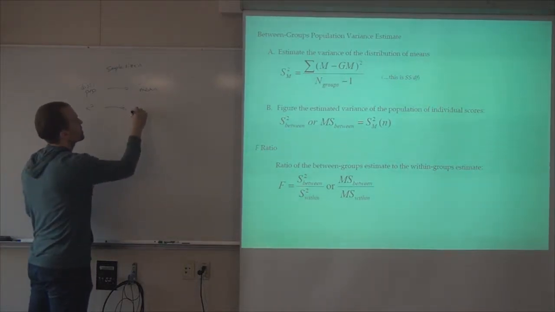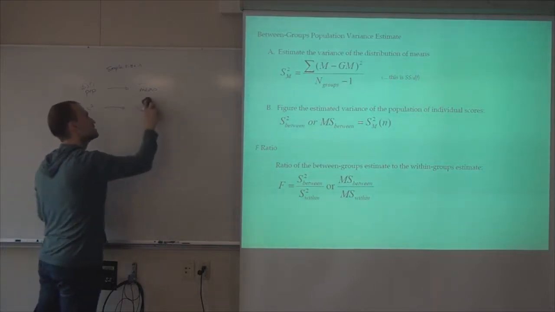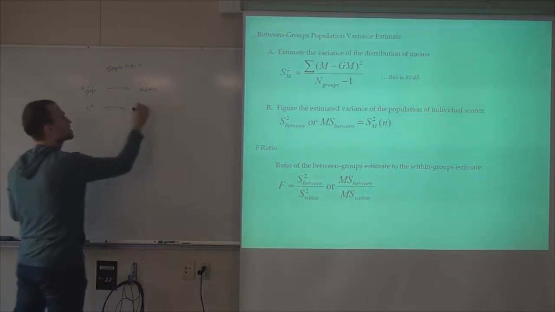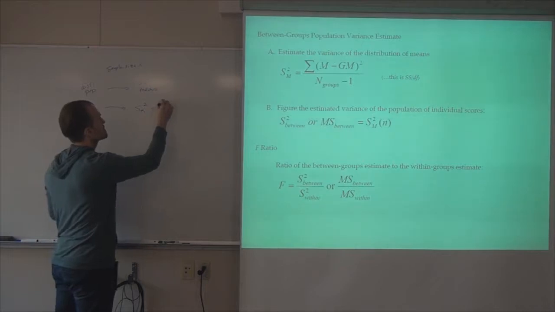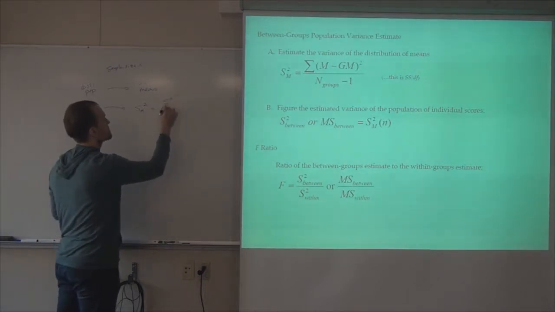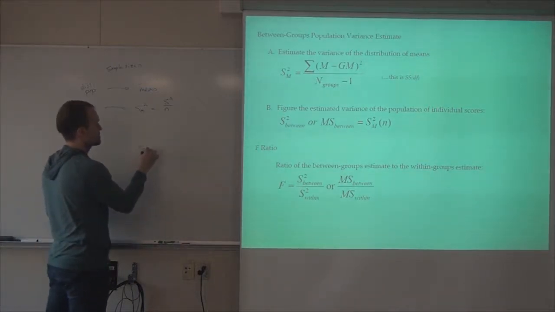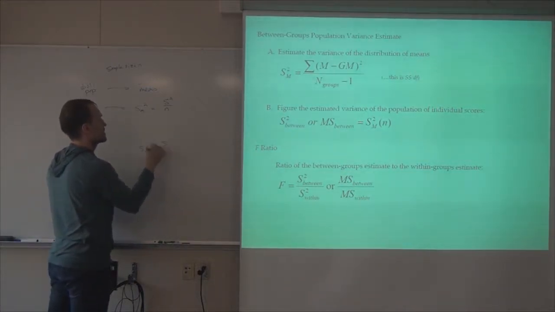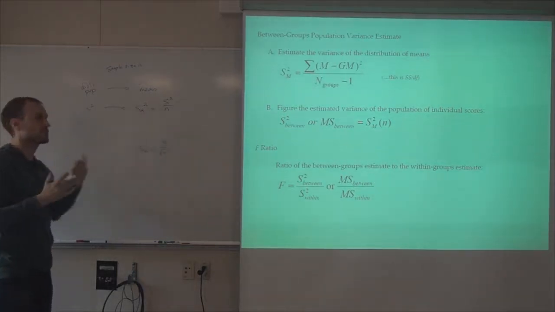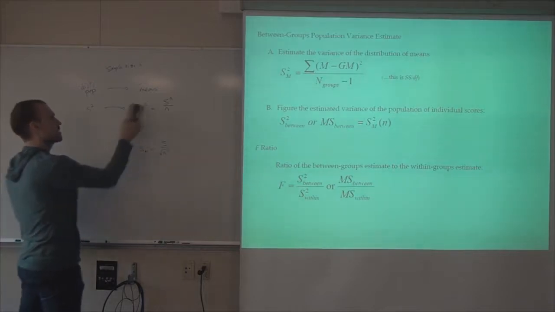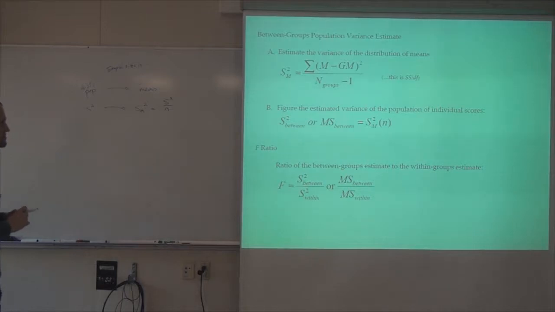So I went to what we call Sm squared, the variance of the distribution of means, and that was simply the population variance estimate over the sample size. Now you can write this as the standard deviation of the population over root n, whichever one you prefer. Right now we're just focusing on the variance, so I don't want to get confused between the two.